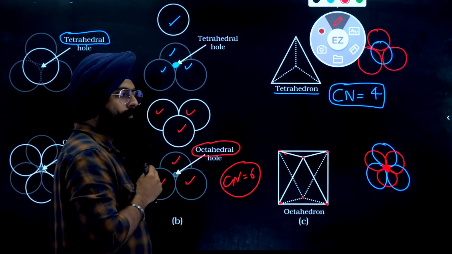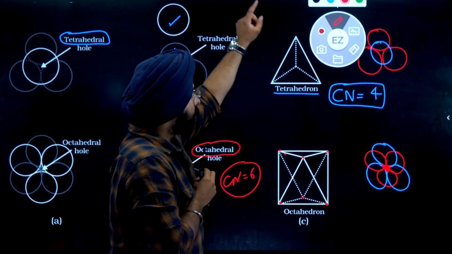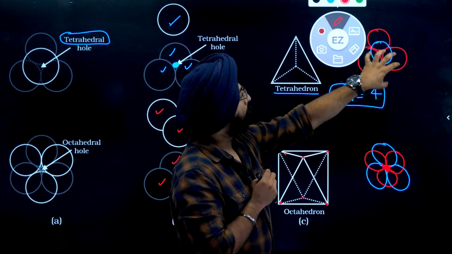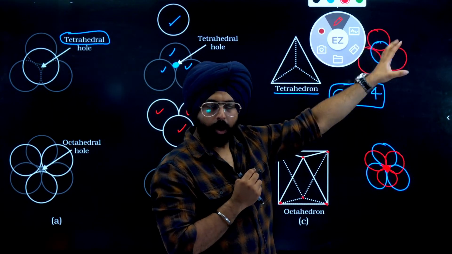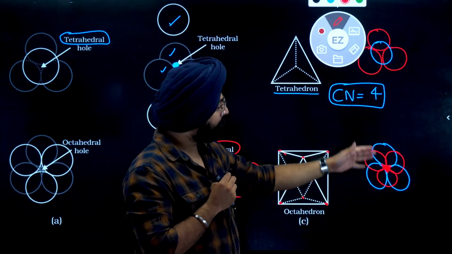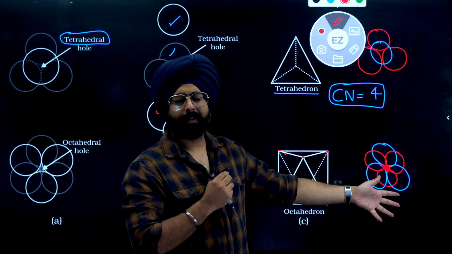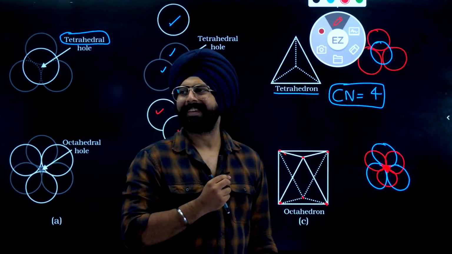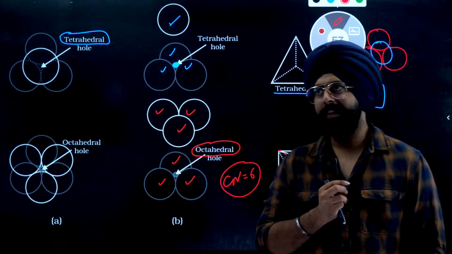So tetrahedral void was formed when you take a 2-dimensional trigonal void and place a sphere on top of the void. Octahedral void was formed when you take a 2-dimensional trigonal void and place another trigonal void on top of it. Very nice.